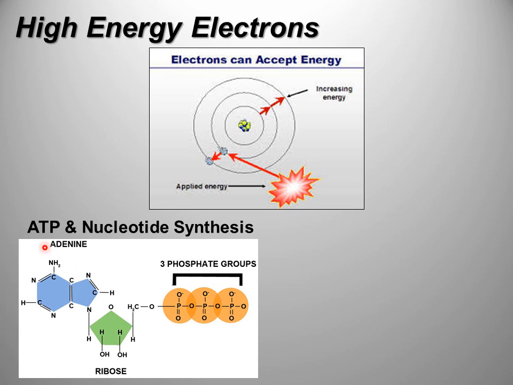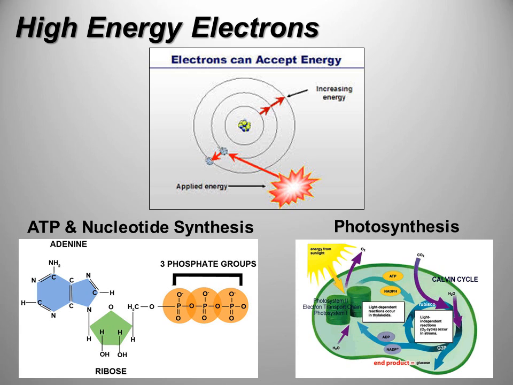Okay, the reason adenine and ribose are used in ATP is they can help store some of that energy that we talk about in ATP. The energy is released when we cleave this bond right here, but the properties of this molecule are very, very important for being able to create those high energy bonds in the first place. Okay?